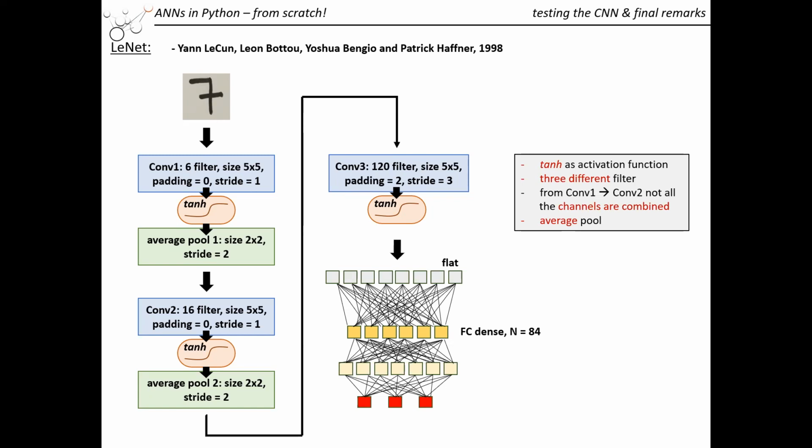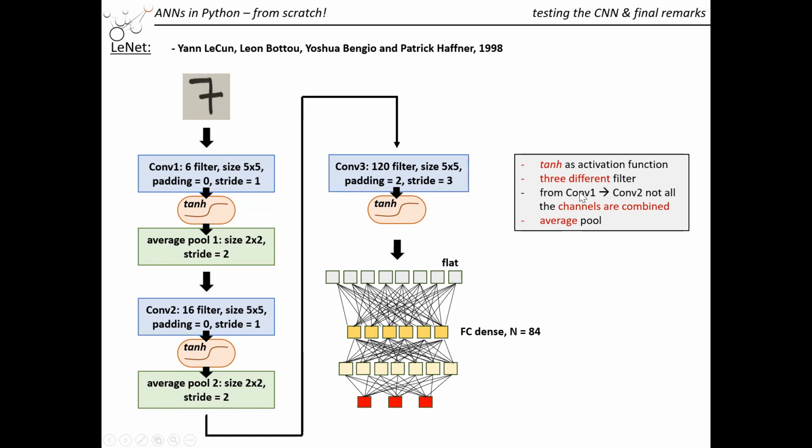And then if we have one filter for the different color channels, we just sum it up, and then we pass it on to the next layer. We did this with all channels and all convolution filters. But now there is a filter in between, which does not allow this for all combinations.